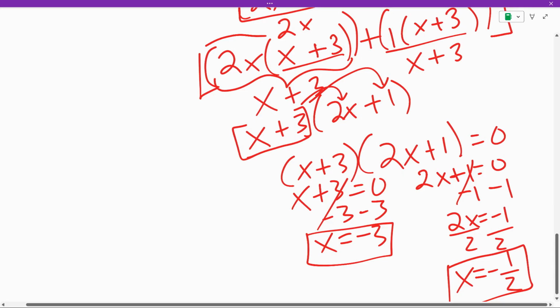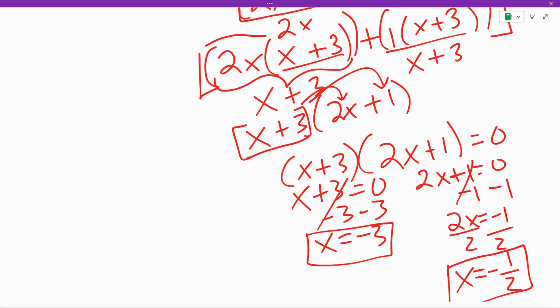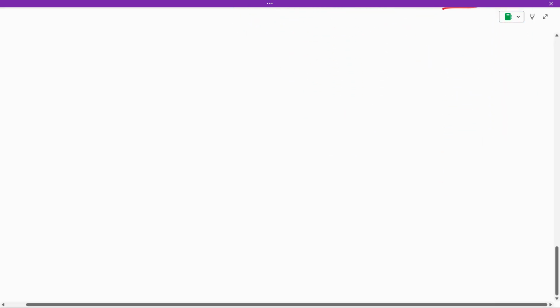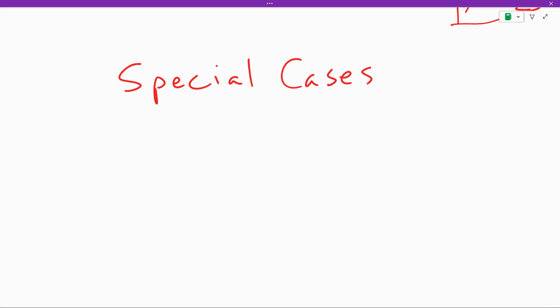All right. Now, let's consider some special cases. So let's say, for example, we have 3x squared plus 12x equals 0.